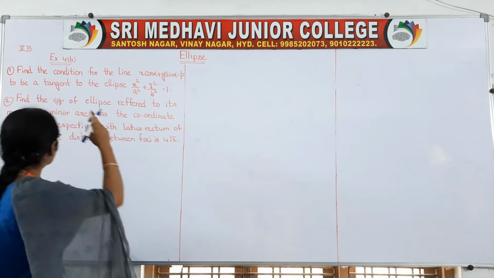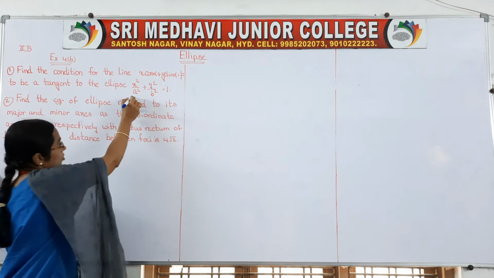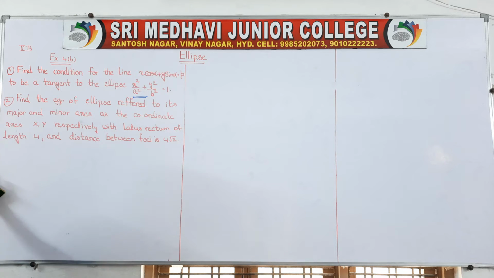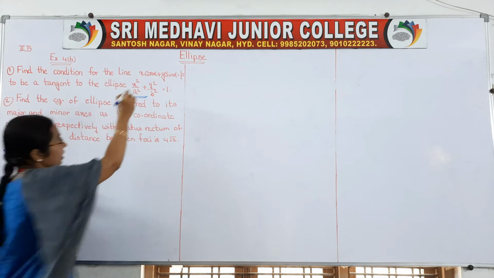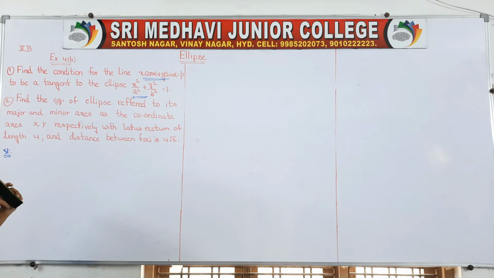So now come to the first question. Find the condition for the line x cos alpha plus y sin alpha is equal to p to be a tangent to the ellipse. So standard ellipse equation is given to you. So we have to find the condition for this line to be a tangent to this standard ellipse.